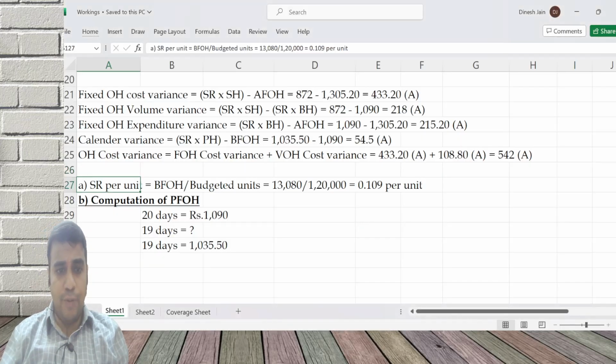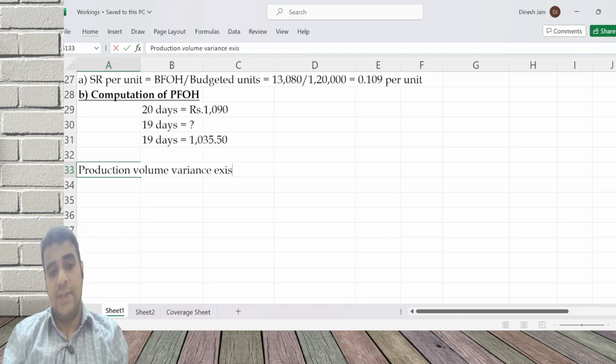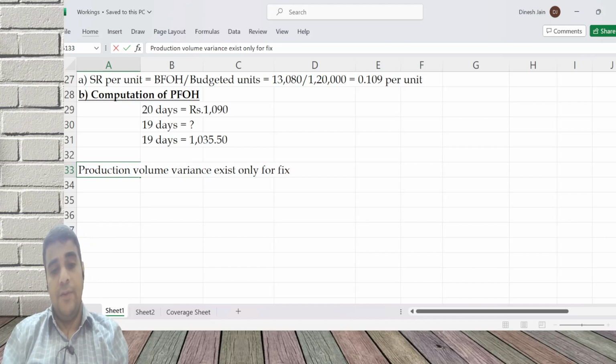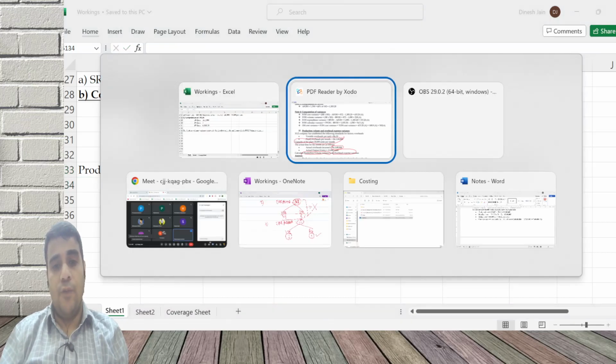Production volume variance exists only for fixed overheads, and hence this is FOH volume variance.